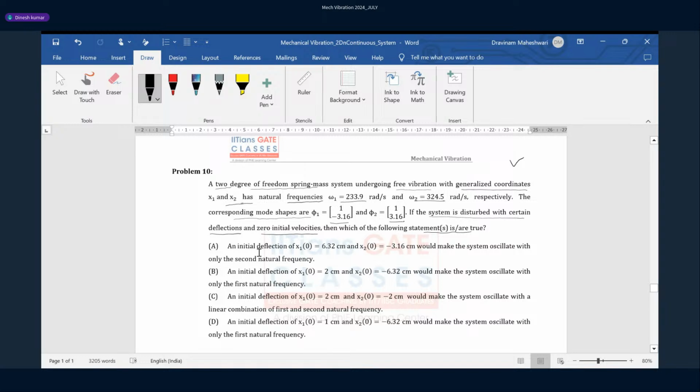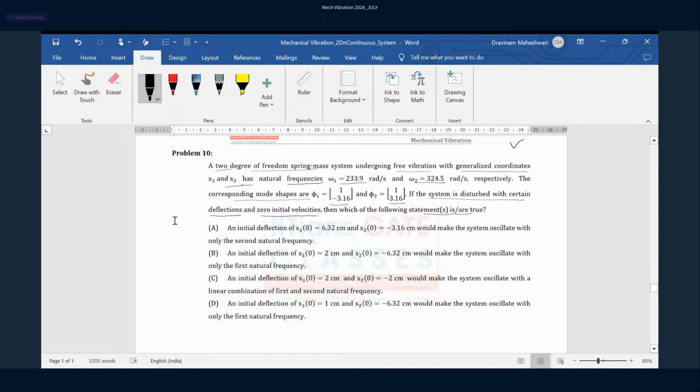The first statement: an initial deflection x1 for mass m1 is 6.32 centimeter and x2 is minus 3.16 centimeter would make the system oscillate with only second natural frequency.